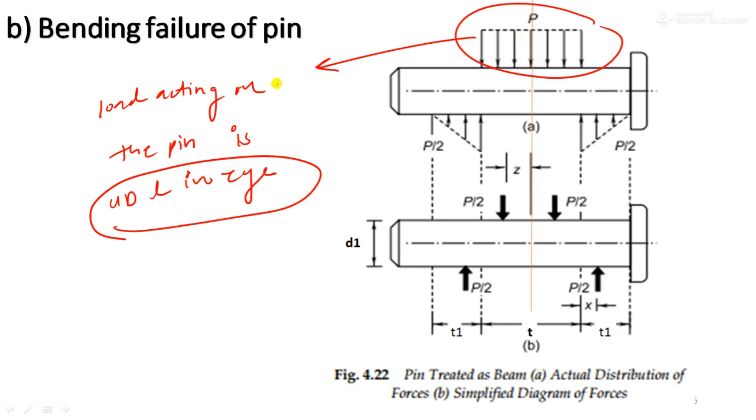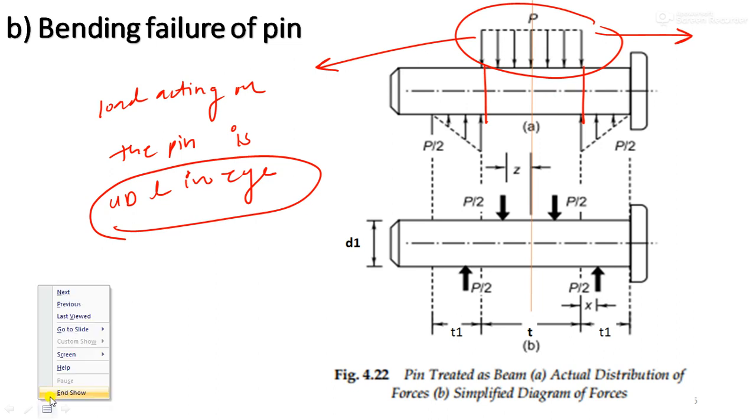It is assumed that the load acting on the pin is uniformly distributed in the eye, because this portion is the portion of the pin which is lying inside the eye. Is it clear? So we have to do the strength of materials analysis, bending moment. So for this middle portion, we will do the uniformly distributed load analysis.